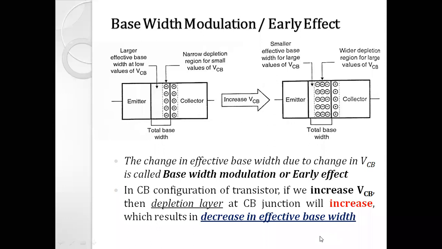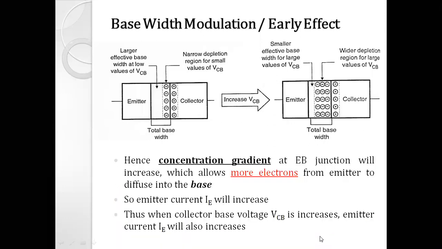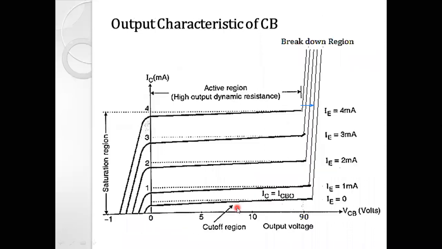What happens because of this? Because of this, the concentration gradient at the emitter base junction will increase, which allows more electrons from the emitter to diffuse into the base. Because of that, more and more electrons will cross the emitter base junction and move towards the base region, and hence emitter current will increase.